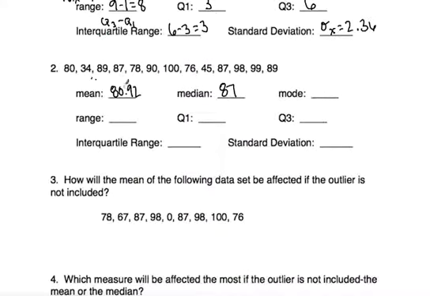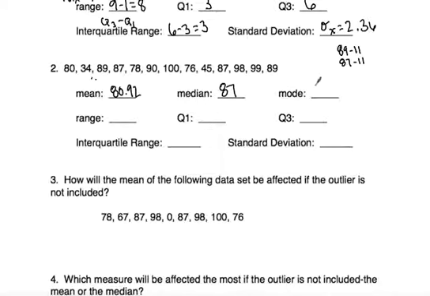The mode is not found on the calculator, but you can find that by looking for the number that occurs most often. 80 only occurs once, 34 only occurs once, 89 it looks like occurs 2 times, 87 it looks like occurs 2 times, 78 only occurs once, 90 only occurs once, 100 only occurs once, 76 is 1 time, you got 45 1 time, 87 we've already counted, 98 is just 1 time, 99 is just 1 time, and then 89, which we've already counted.